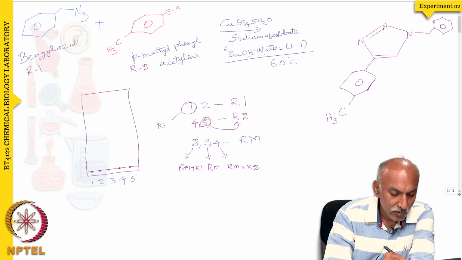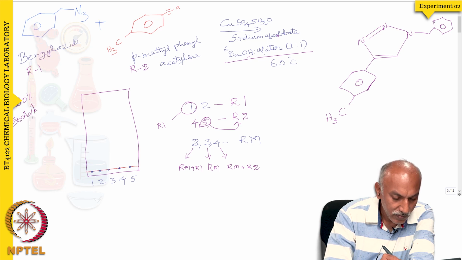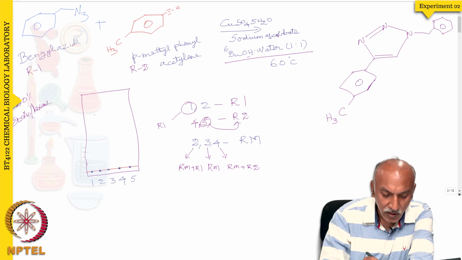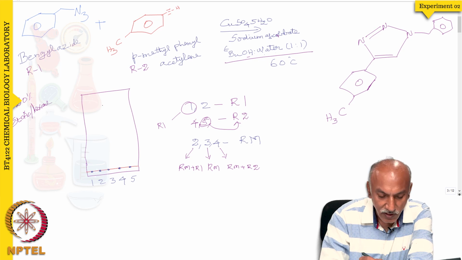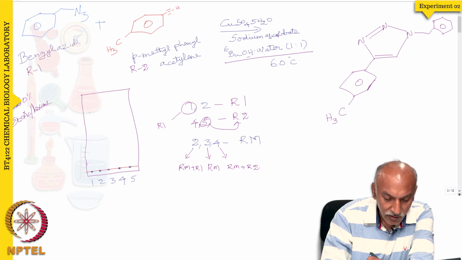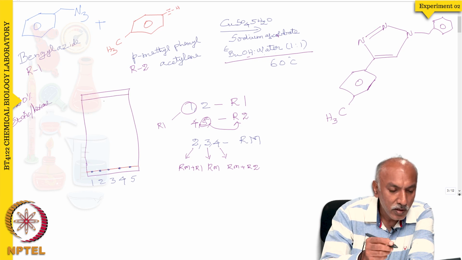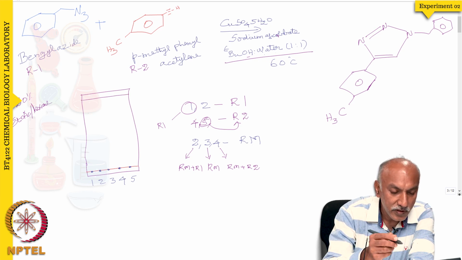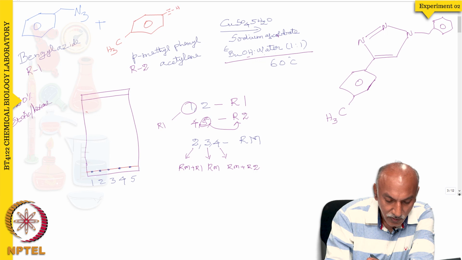So, the elution was done with 20% ethyl acetate in hexane, and the benzyl azide is about 0.9. Let us say this is about 1, and the benzyl azide may come at 0.9 like this.